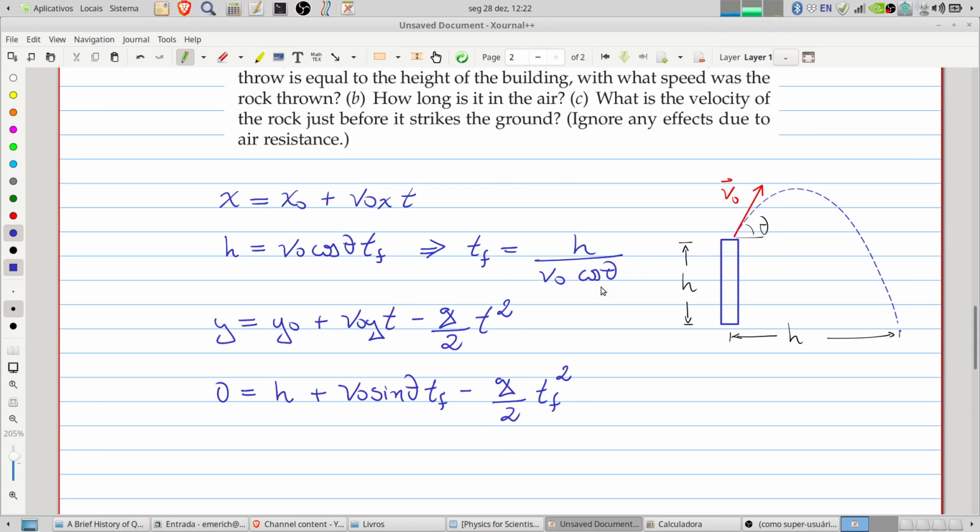Now if you take the final time or the total time and substitute it in this equation, we can isolate v0 and find the initial speed, the speed with which the rock is thrown. Therefore, you can write A. Let's do it.